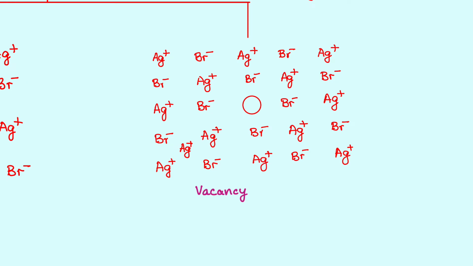But at the same time, that ion is occupying an interstitial position as well. So interestingly, in the same example, you are observing two defects, vacancy and interstitial defect, right? Interesting, right? So that means we do have a hole.